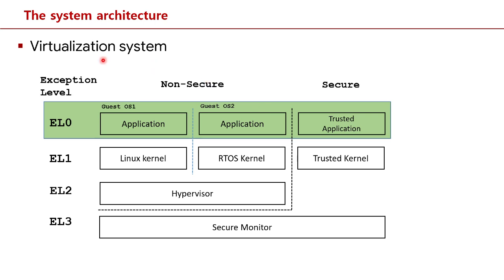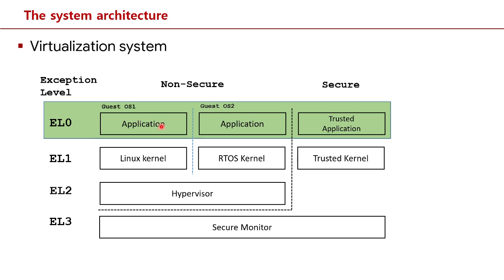Now let's look at another architecture diagram based on the virtualization environment. The virtualization environment means there are more than two operating systems in one single system. In this example, there are multiple operating systems. The operating system in the virtualization environment is called the guest OS.